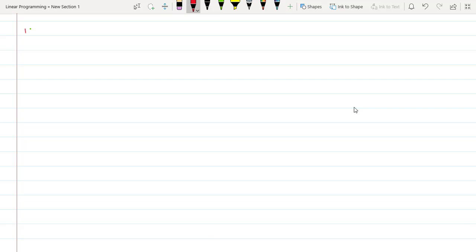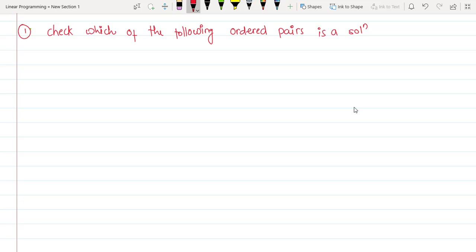What this question says is, check which of the following ordered pairs is a solution of 2x plus 3y minus 6 less than or equal to 0.